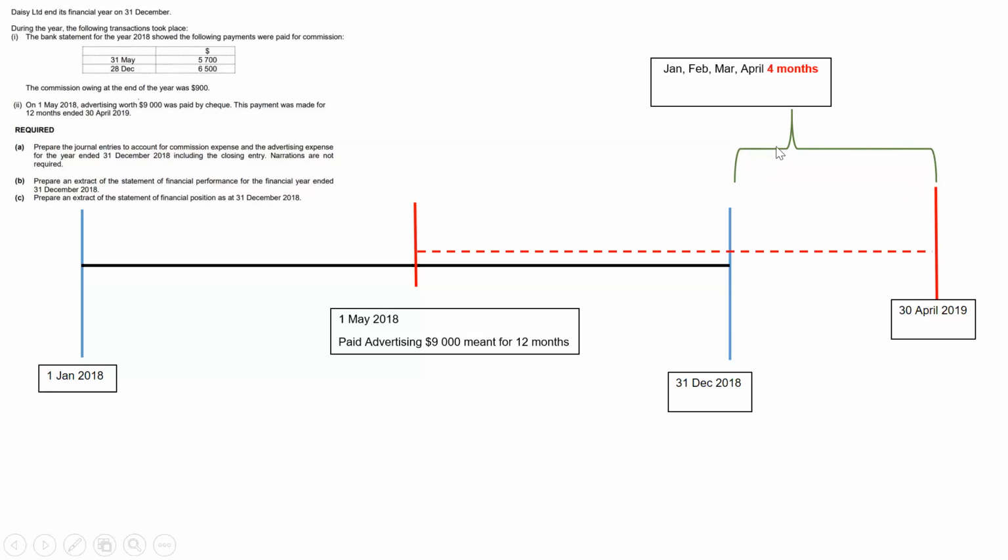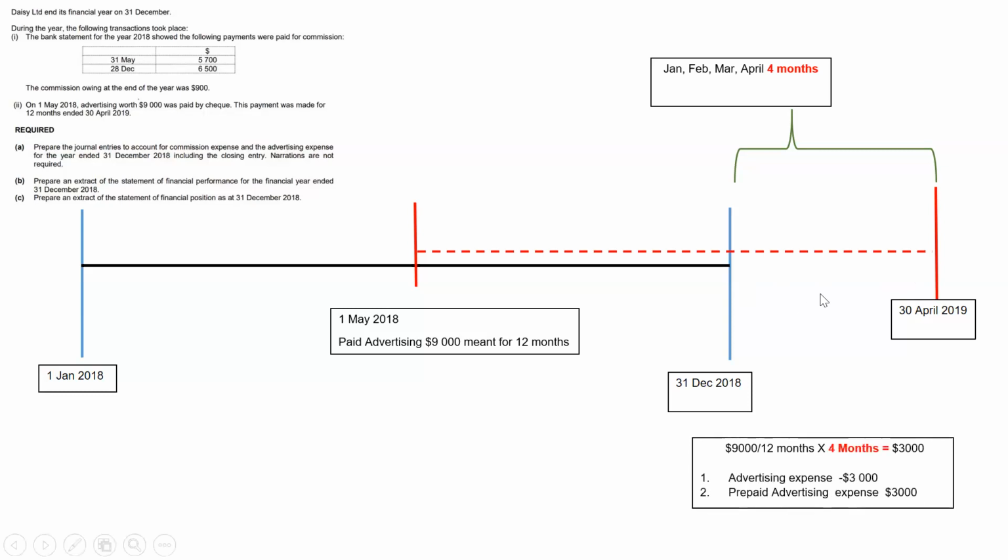If you work out the time frame over here, you will realize that my business ends at 31st December 2018. The following months are Jan 2019, February, March, and April. So in other words, we have paid an extra 4 months, and we have not used them by 31st December 2018.